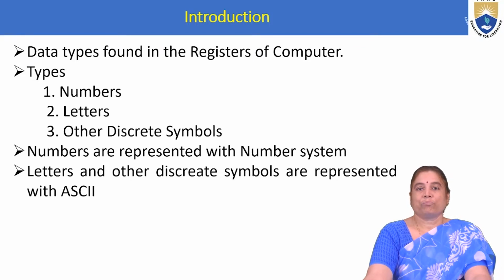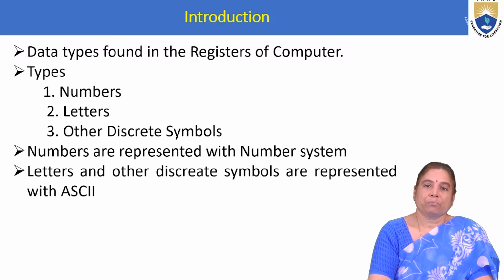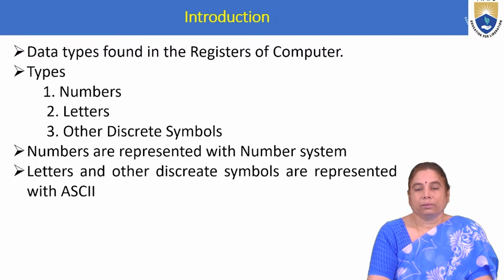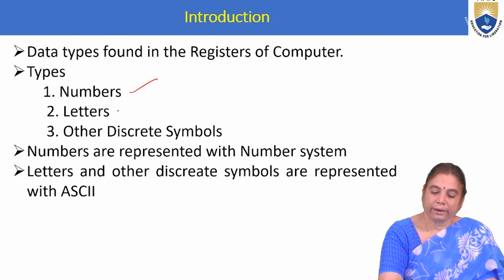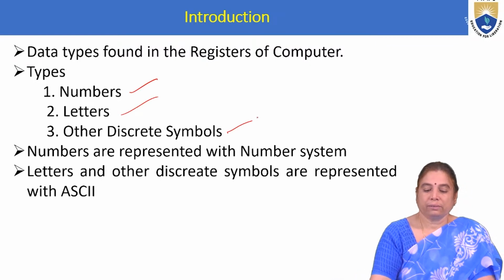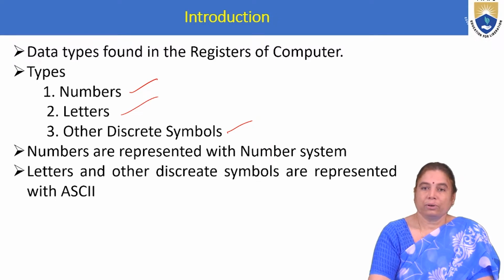But in computer organization, the registers are used to store the data. The type of information that can be stored in the registers can be numbers, letters, or any discrete symbols. The numbers are generally represented with the number system.